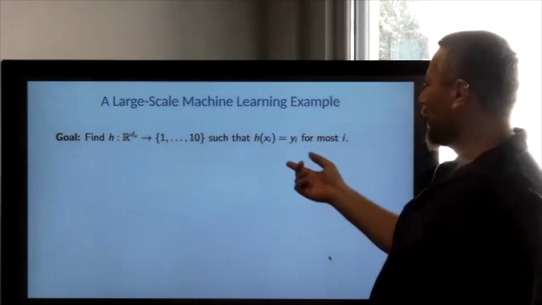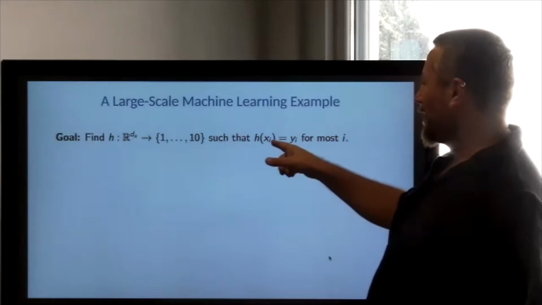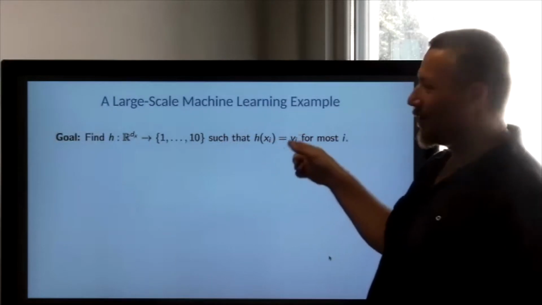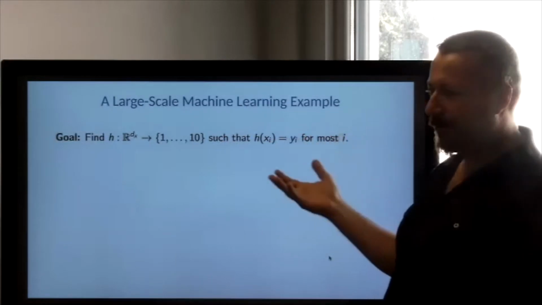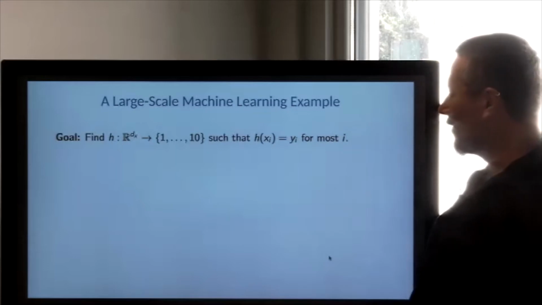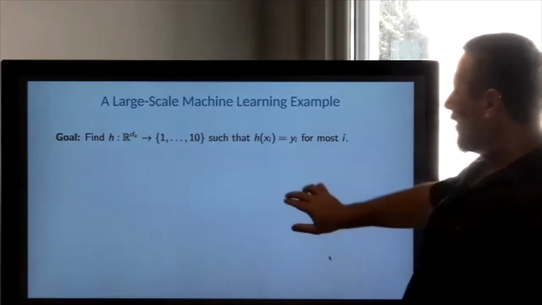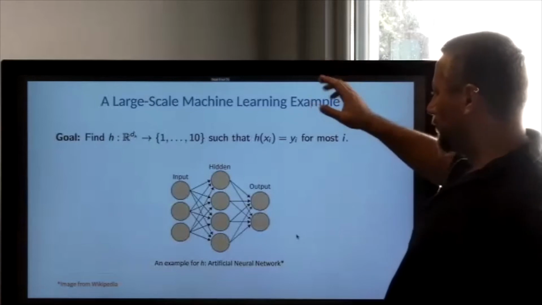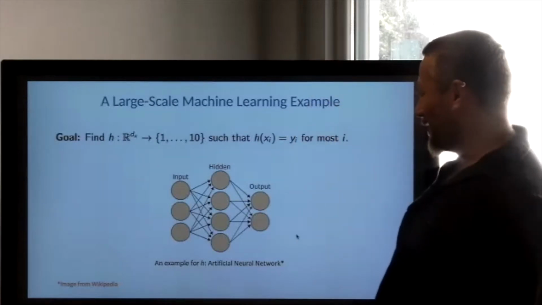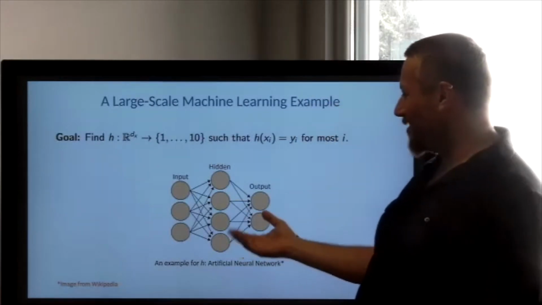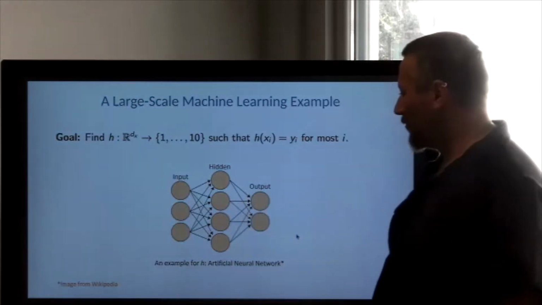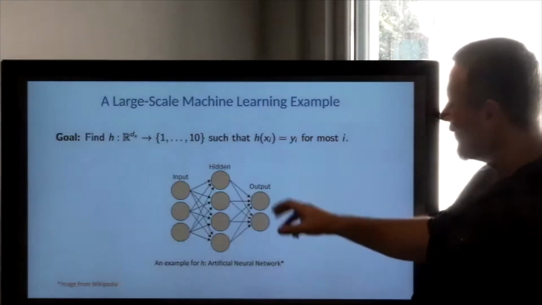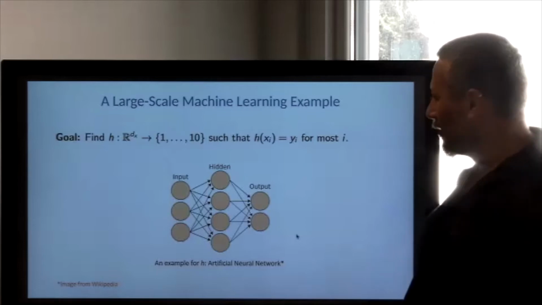And we want this function to give us the right label most of the time. Probably not all the time, but most of the time. And so here is a prediction function, an example for it. This is an image from Wikipedia. This is a very simplified version of an artificial neural network.